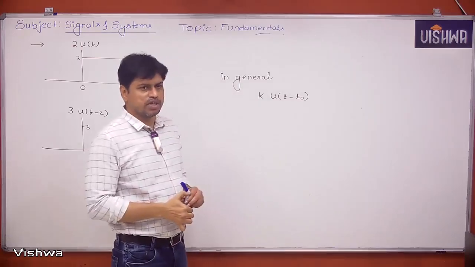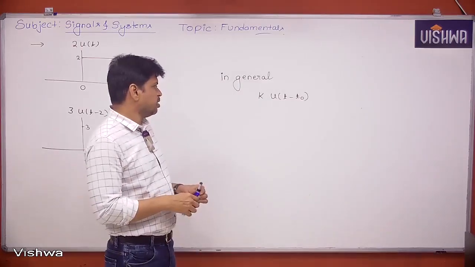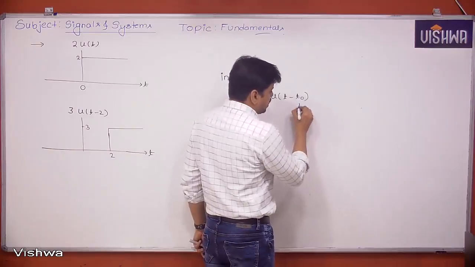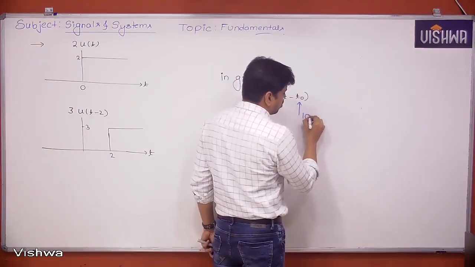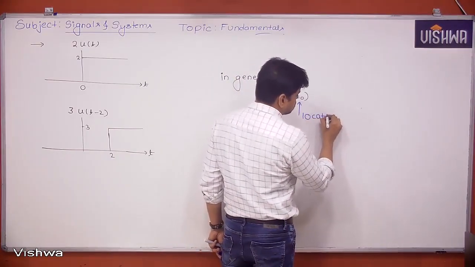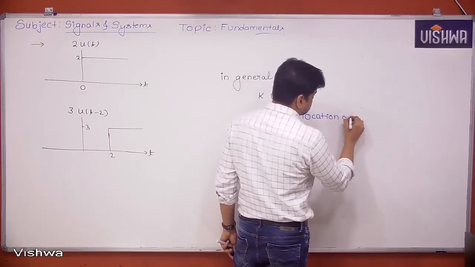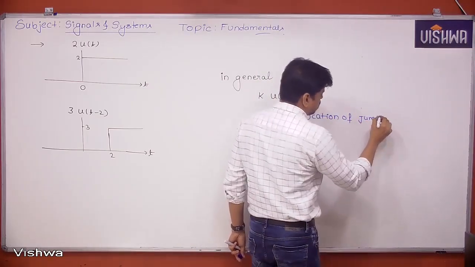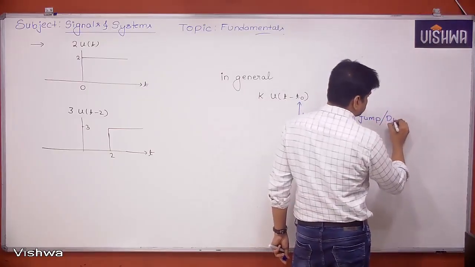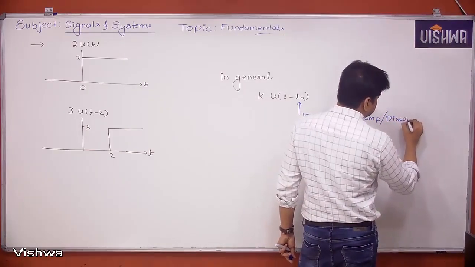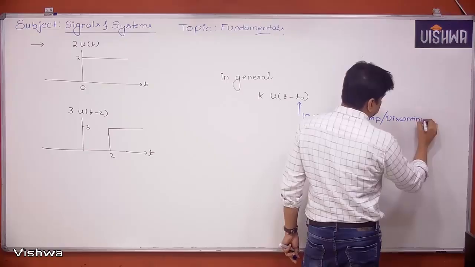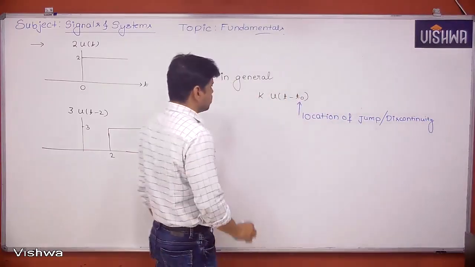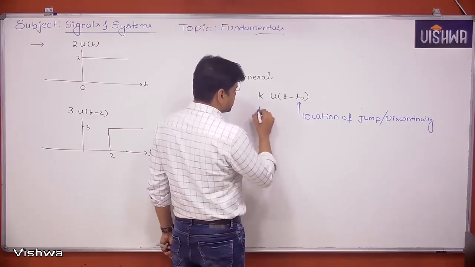From this you have to understand this t naught is nothing but the location of jump, or location of discontinuity. What does this coefficient k indicate?